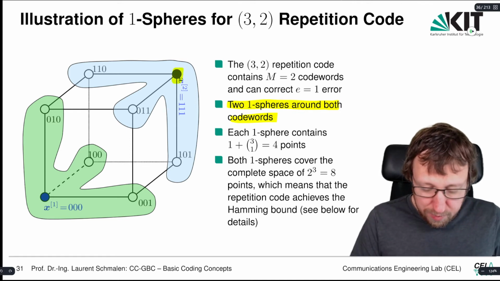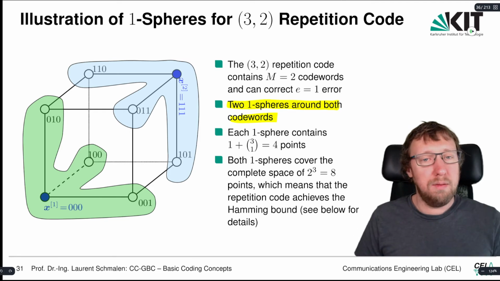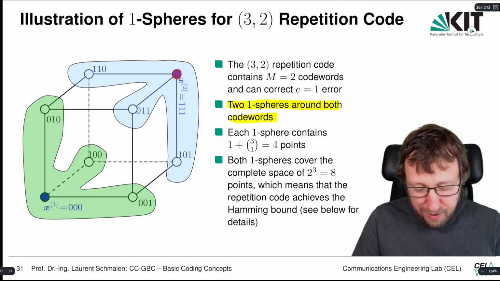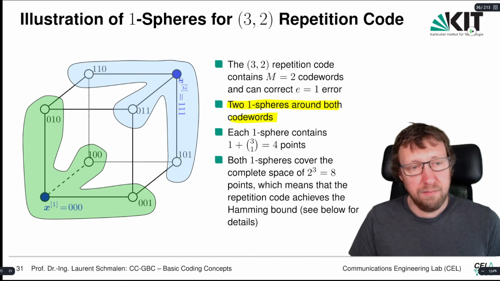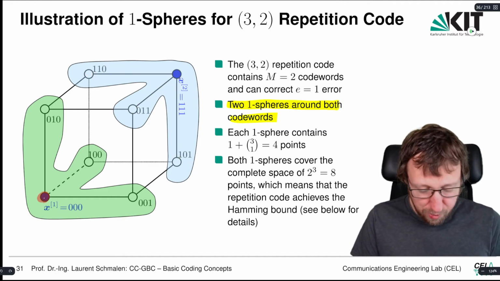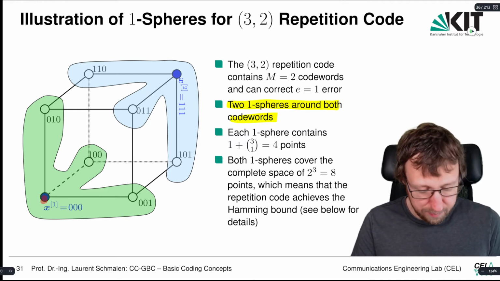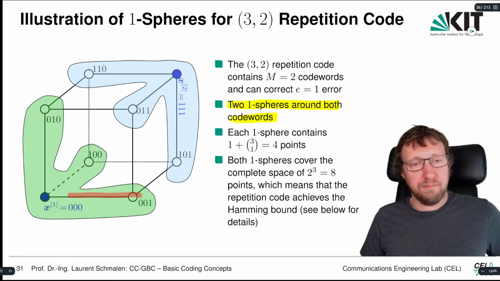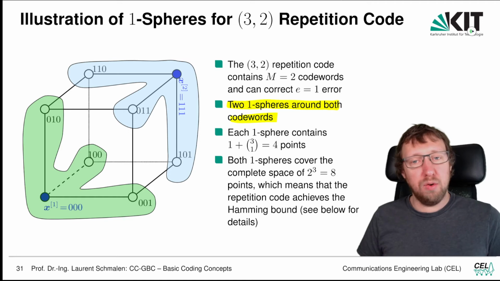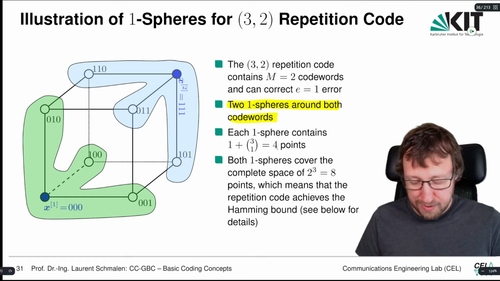We have all the points that we obtain by flipping 1 bit. So we have the point itself, this point, and this point; all the words that we obtain by flipping 1 bit are this one and this one. So we can count the number of points: each 1-sphere contains exactly 4 points.